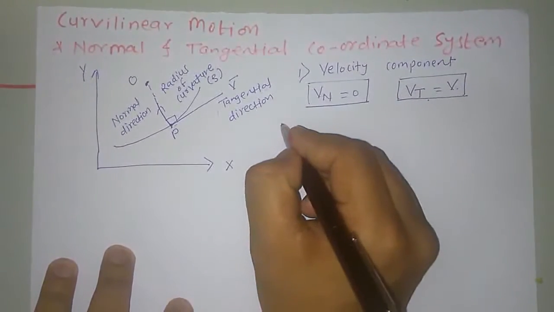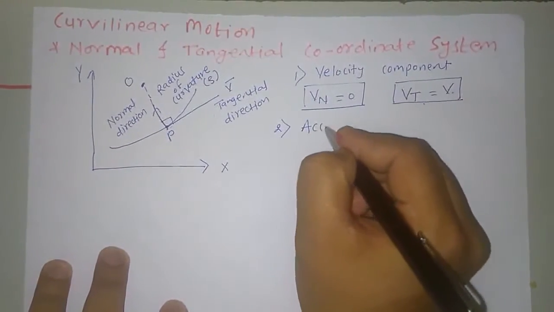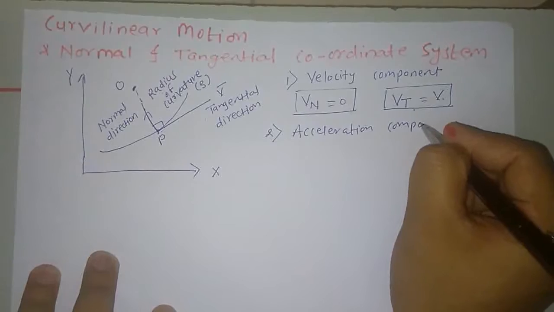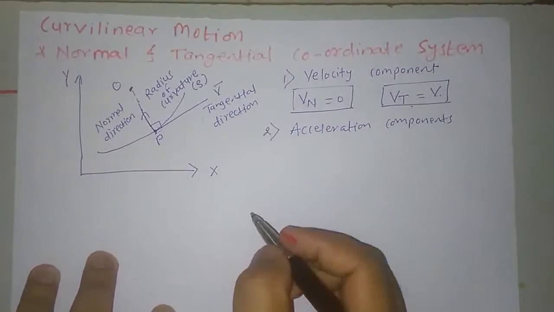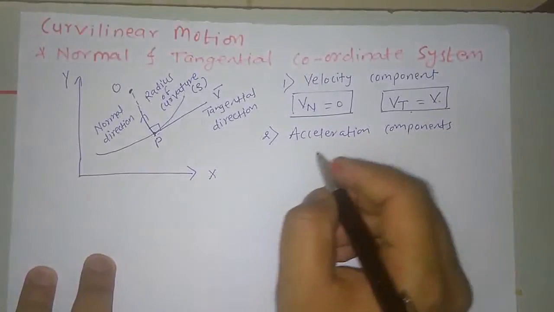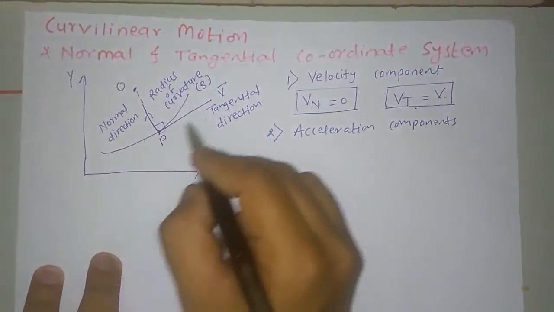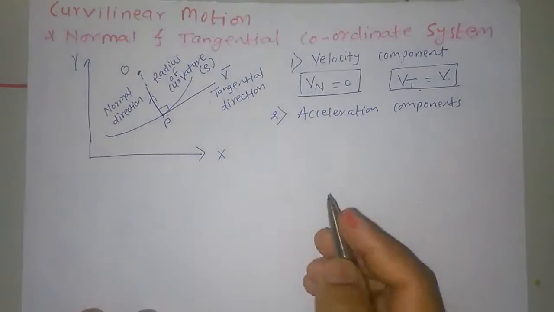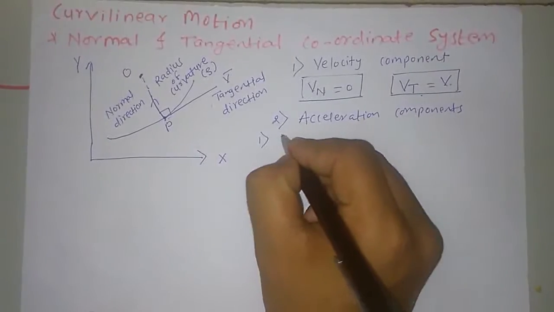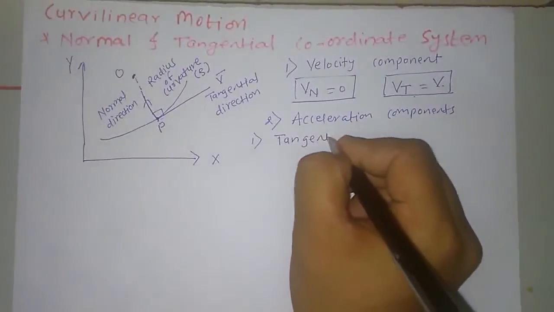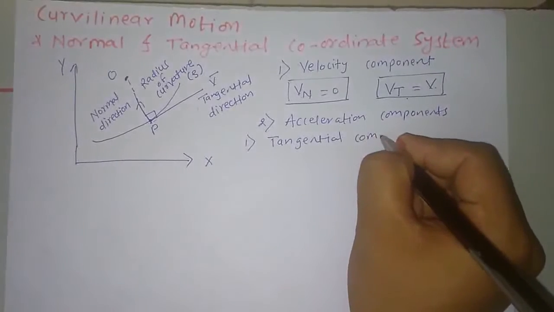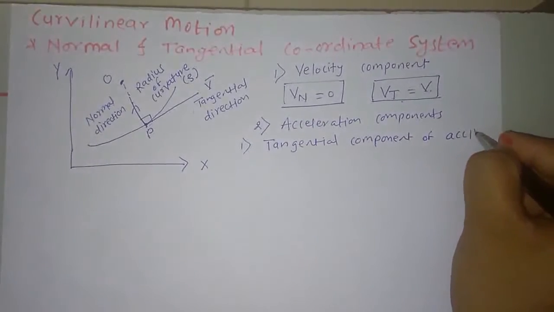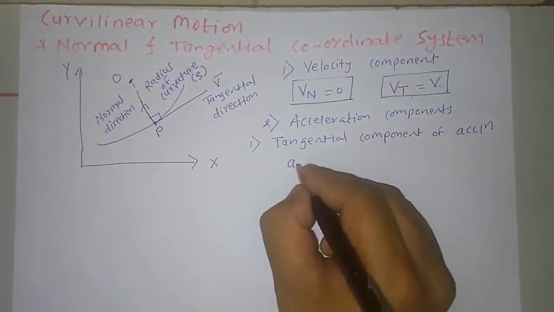Now the second one, that is acceleration components. That is, acceleration in the normal direction and acceleration in the tangential direction. So the first is the tangential component of acceleration, that is at.